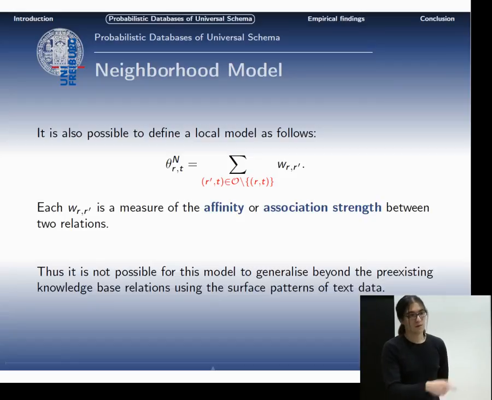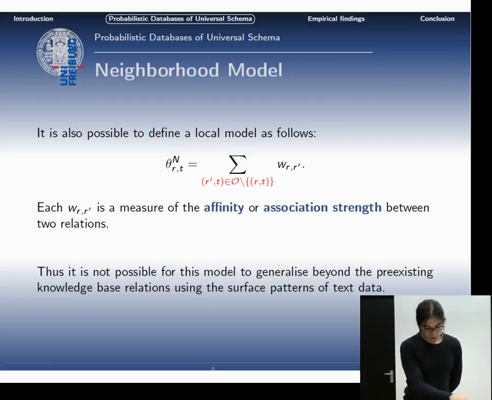And these quantities are, as it says there, an affinity or association strength between the relation we are currently studying and all the others. It is basically a fancy way of saying how similar this relation is to any others and what information the others can provide about this specific relation.